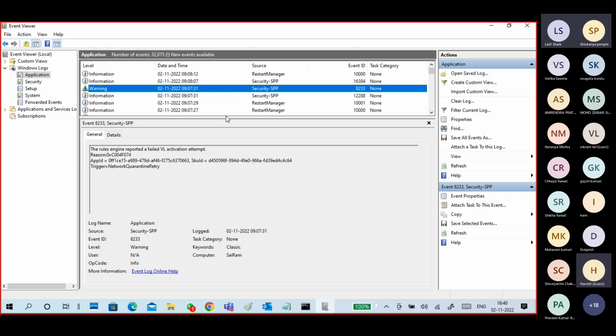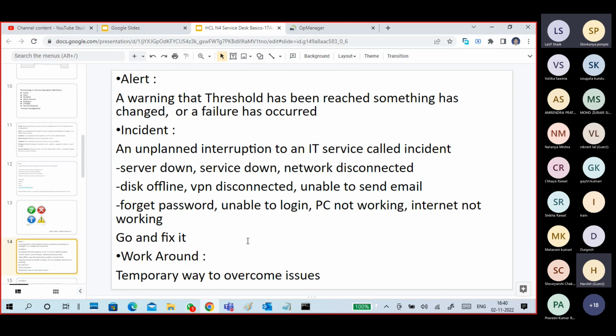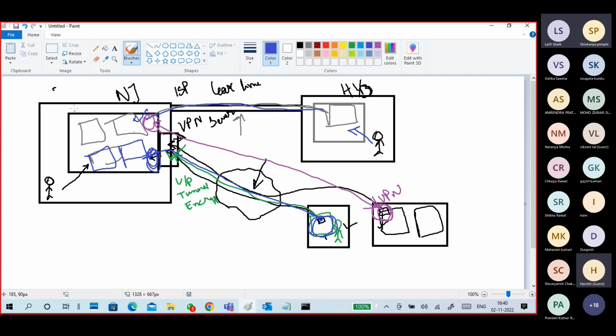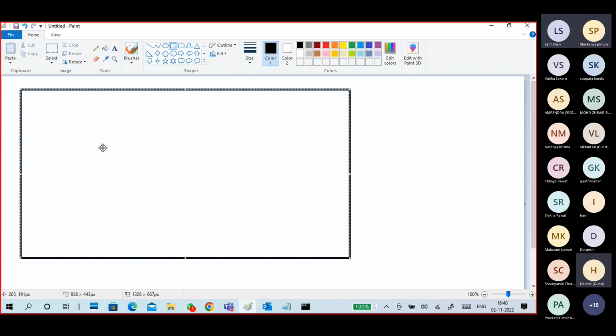But guys, these events occurred in this PC, and it is showing this PC's local events. Think like this: I have computers, servers, storage devices and networking components in my infrastructure, in my organization.